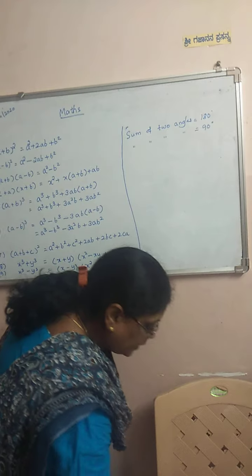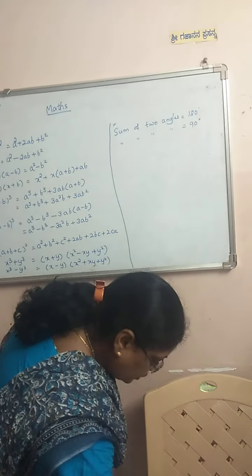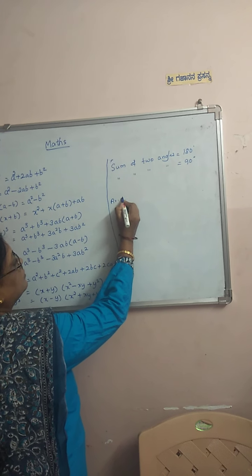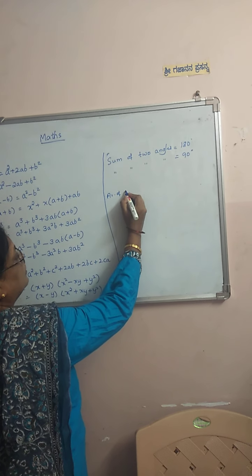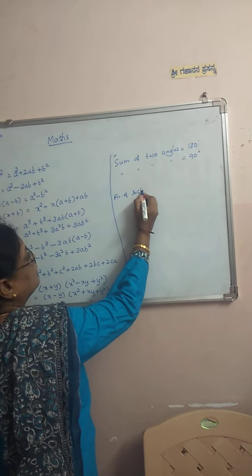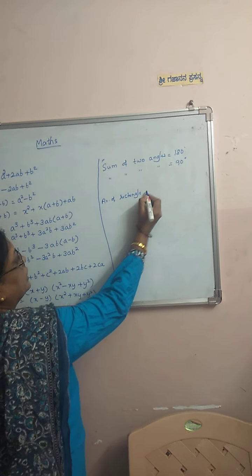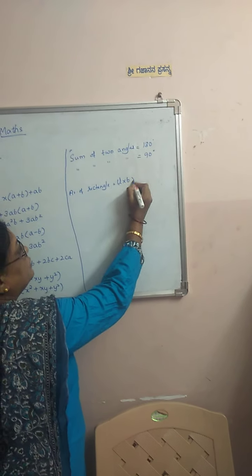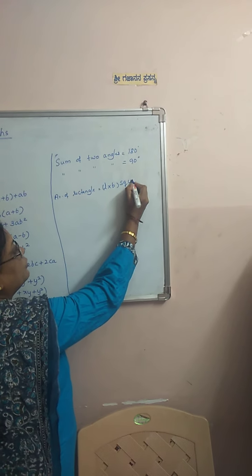Then comes the areas. Area of rectangle. What is the area of a rectangle? Area of rectangle equals L into B. This will always be calculated in square units.